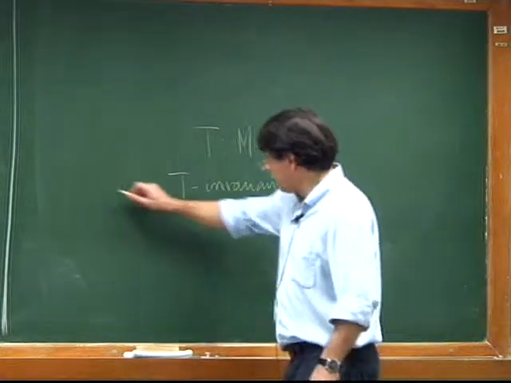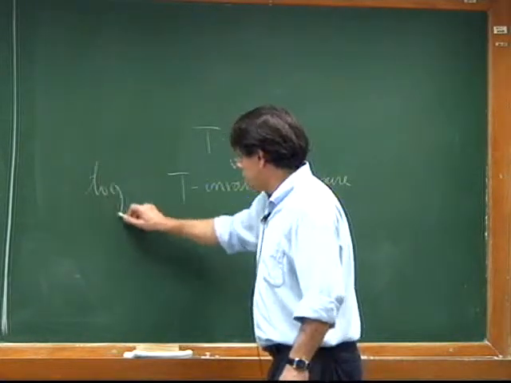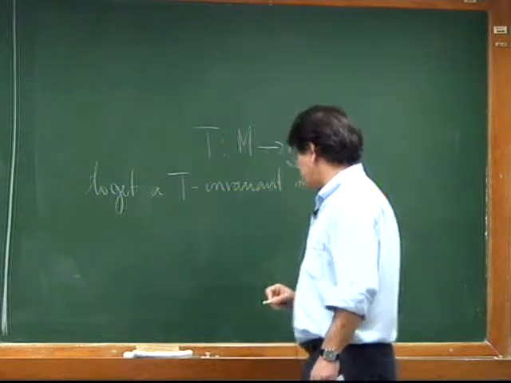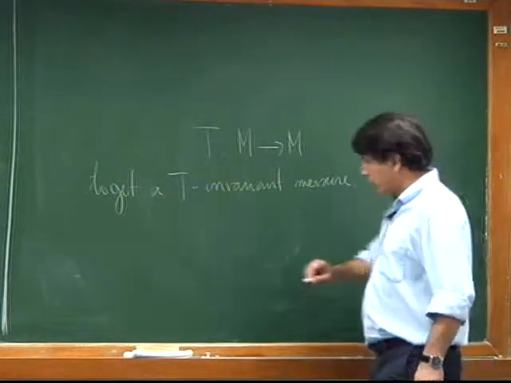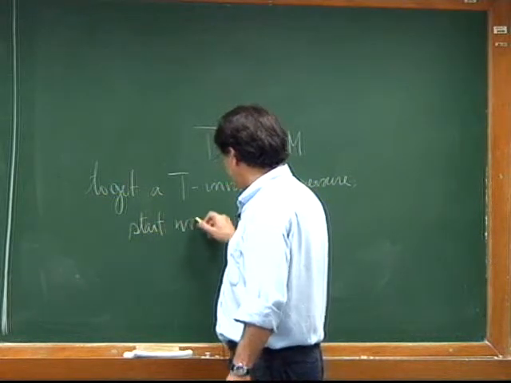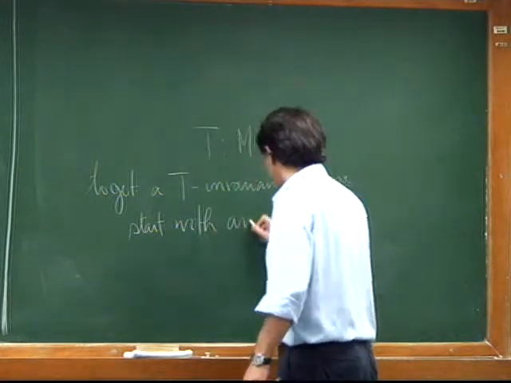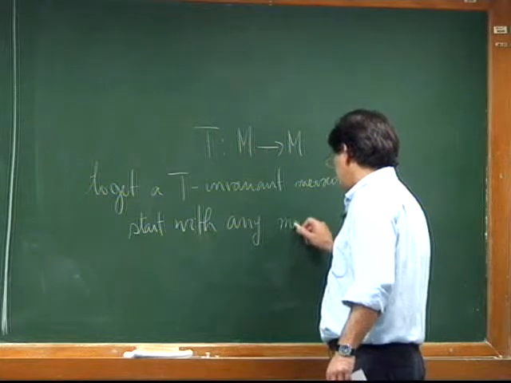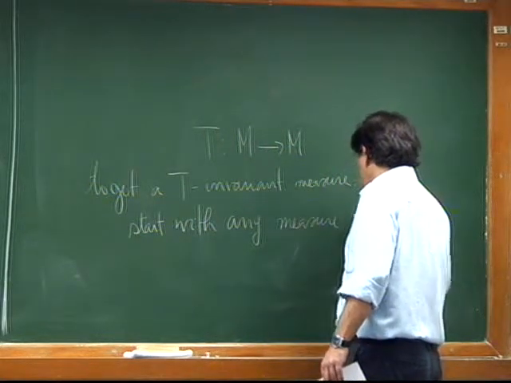To get a T invariant measure, you start with any measure, mu.